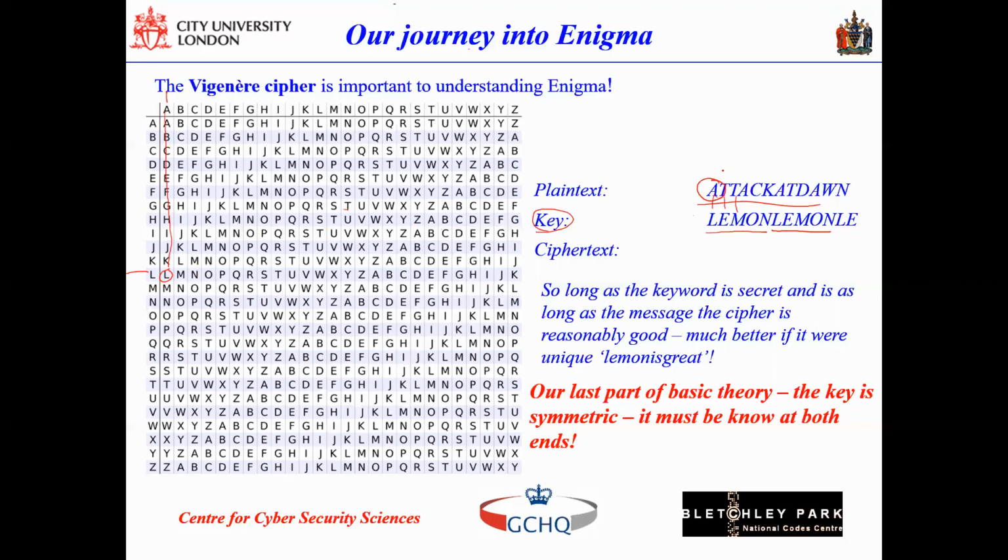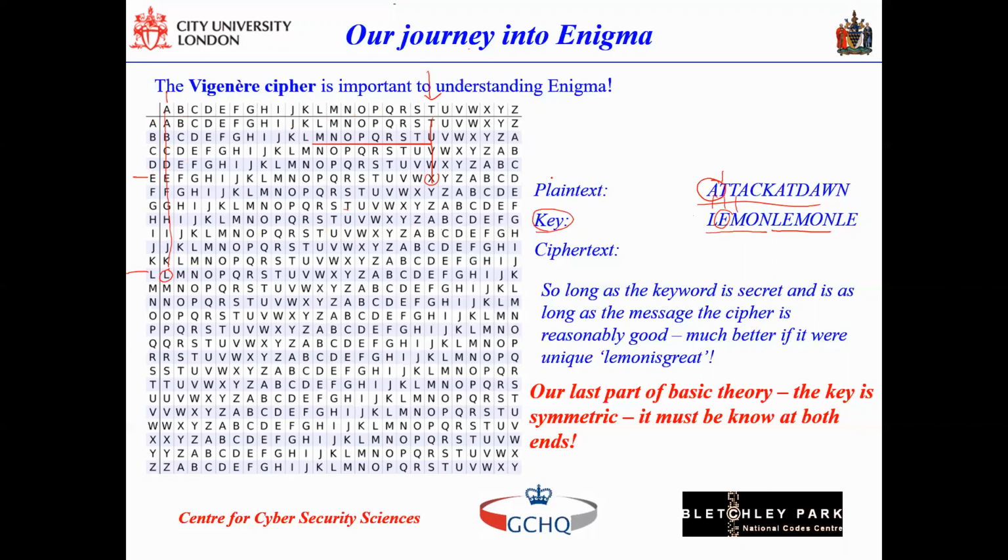Let's have a look at the second one. The second letter is T, and the row that we're going to use this time is E. So I want row E, and the letter to encode is T. Going down there, I'm going to end up with the letter X. So I've got L, X, and the next one.